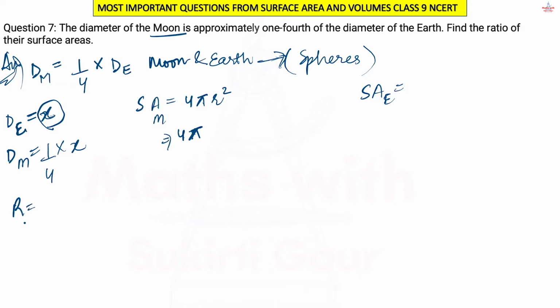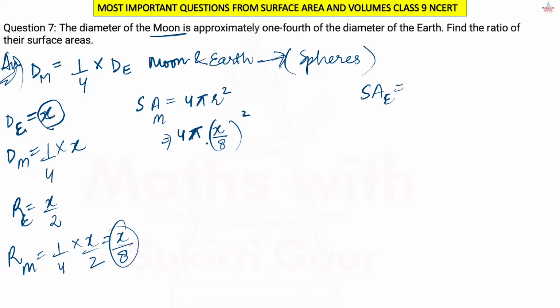So R of earth we are taking as x upon 2. Accordingly, R of moon we will take as 1/4 of x upon 2. Right? So this will become x upon 8. So 4 pi r square, r of moon is x upon 8 whole square.